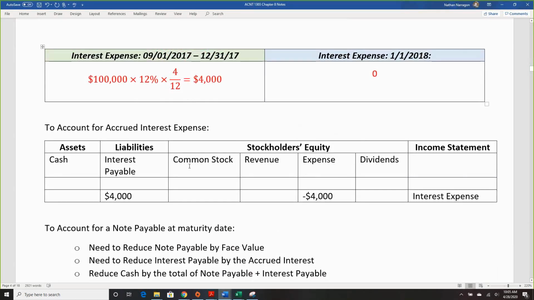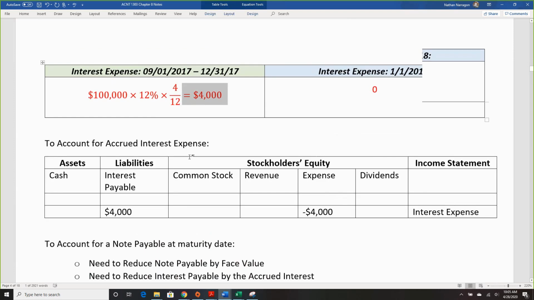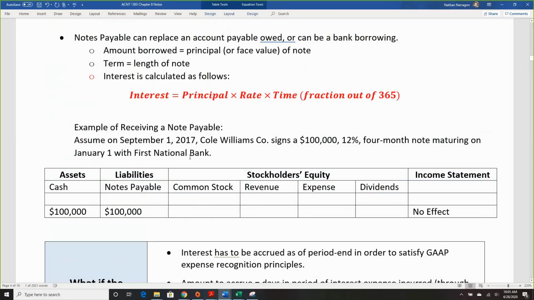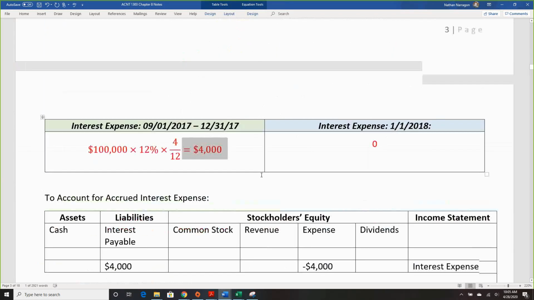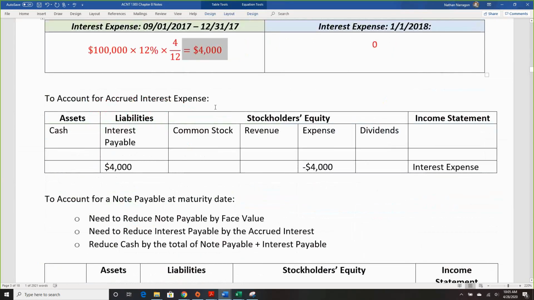So when we look at it, here's our formula. This is the amount of interest we're expected to pay. The note for our example ended on December 31st. We're paying it on January 1st. Alright. So they're actually showing the tabular for interest accruing. But basically, when we accrue interest, we're going to highlight interest payable, because again, we owe the interest.